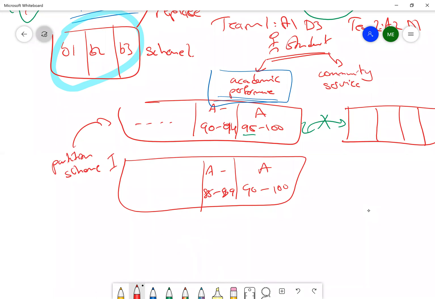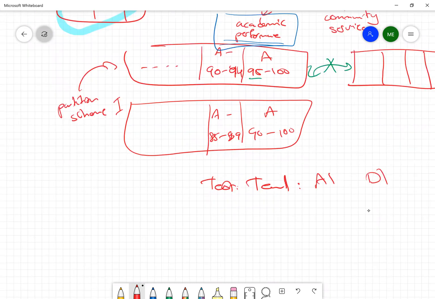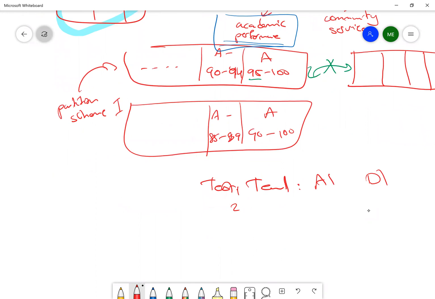So, here's test one. Test one is team one, attack A1 with defense D1. So it's a very good team. And then test case two, team two, attack A1, defense D2.